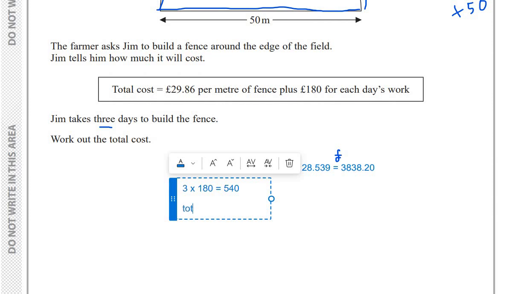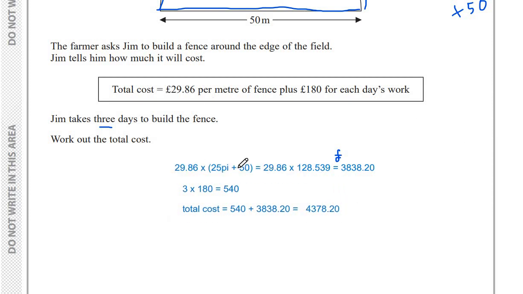So now the total cost is 540 plus 3838.20, and that is 4378.20 pounds.